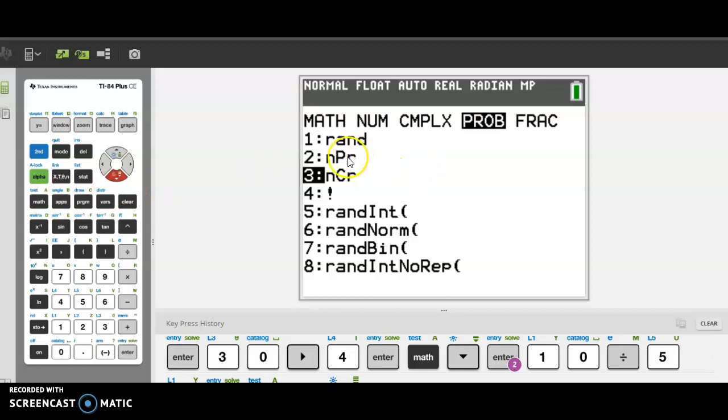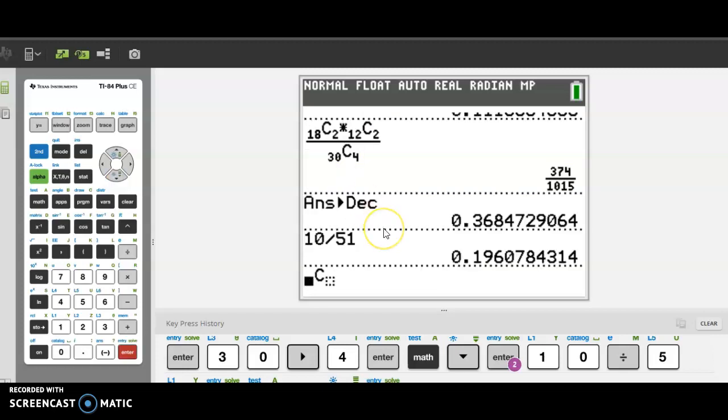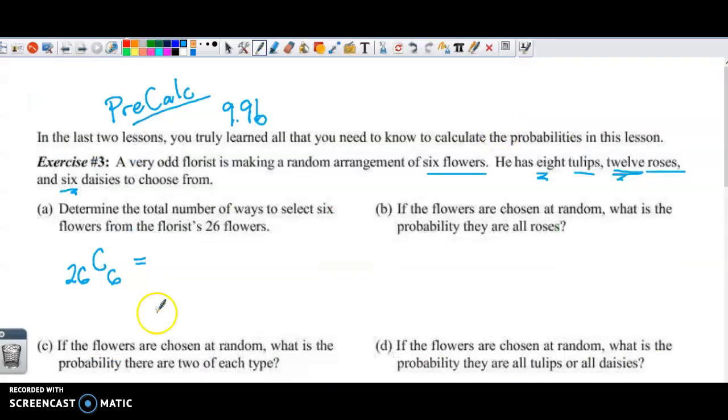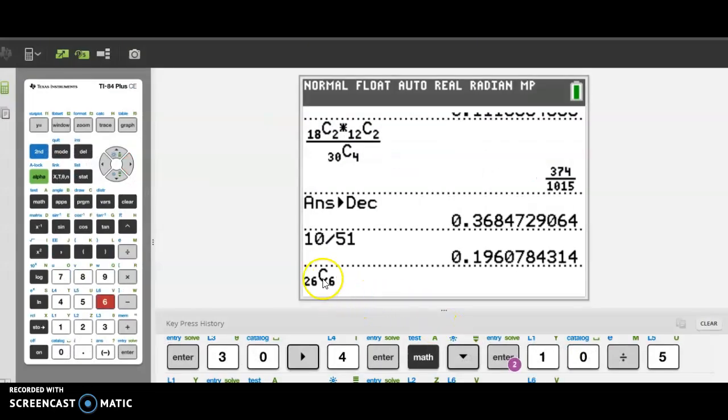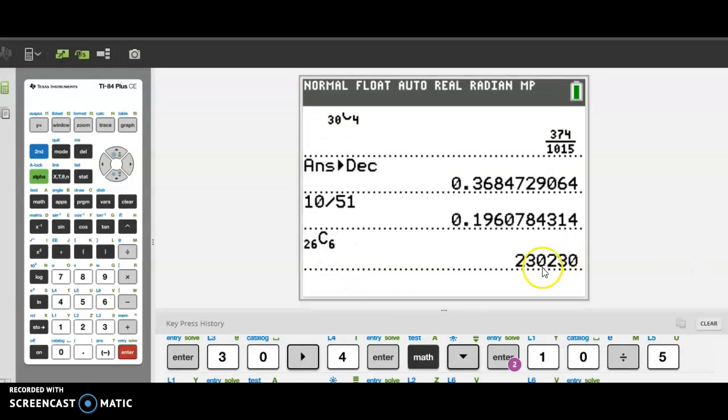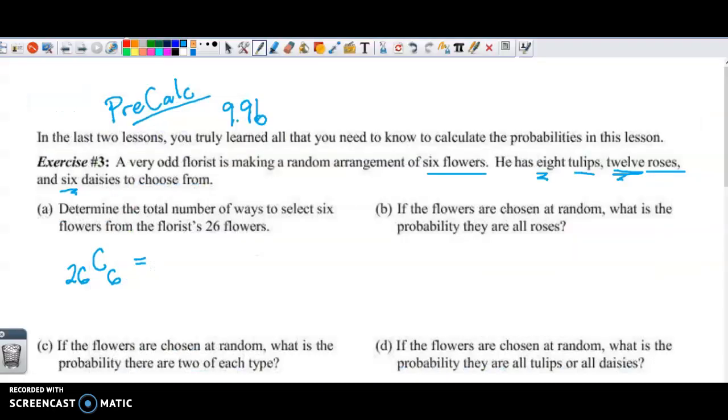And by the way, there are probability questions that include permutations, but so far we've only been seeing combinations, and I think the homework only uses combinations. 26C6. There we go. 230,230.